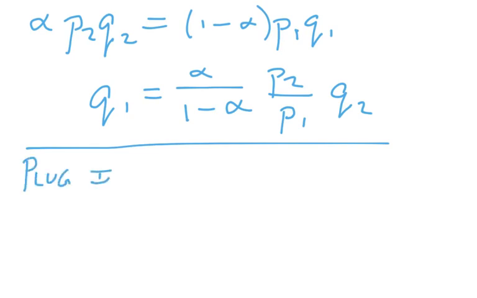So to finish this off, what we want to do now is use the equation we haven't used at all, which is our budget constraint. We know the relative quantities that we want to purchase, Q1 in terms of Q2. So now go ahead and plug that into our budget equation.